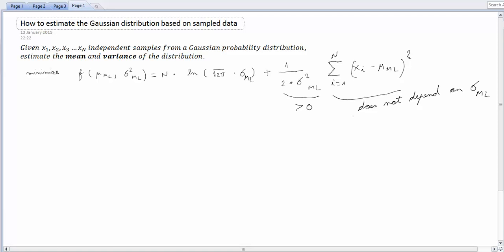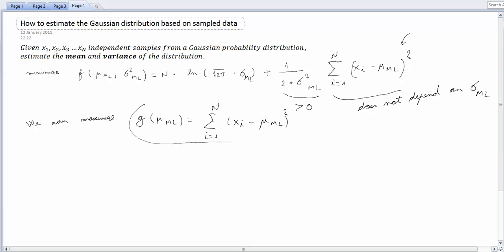Therefore, if we maximize the sum we definitely maximize the whole expression. So we can actually maximize G of mu maximum likelihood equals the sum here, xi minus mu maximum likelihood squared.